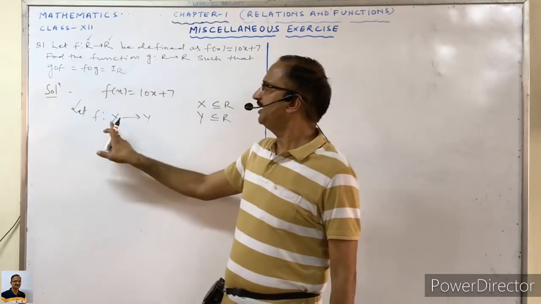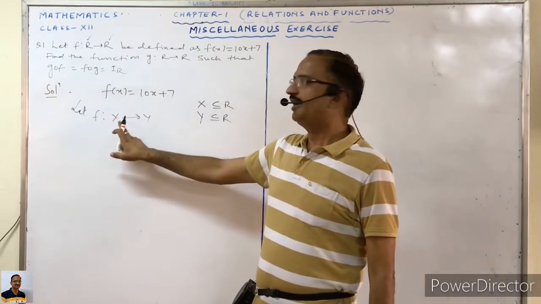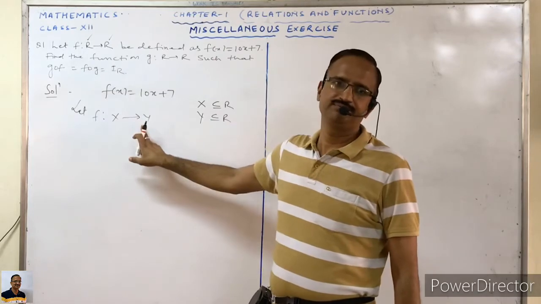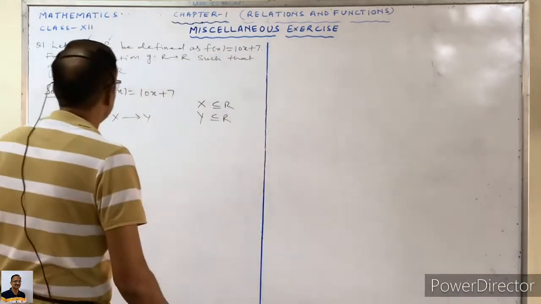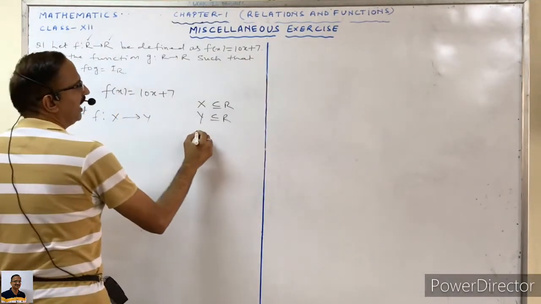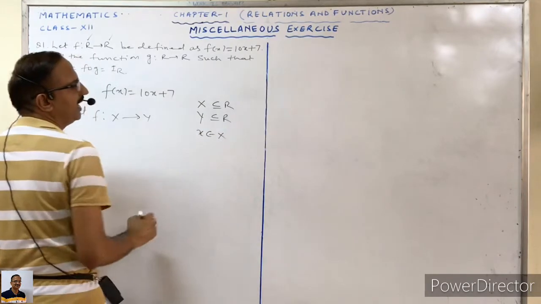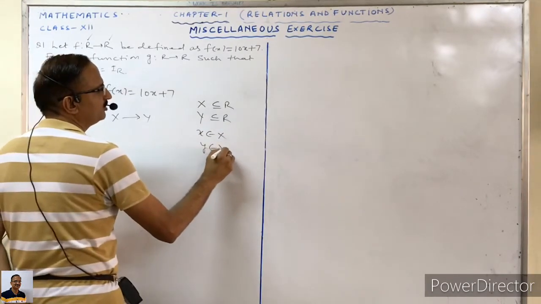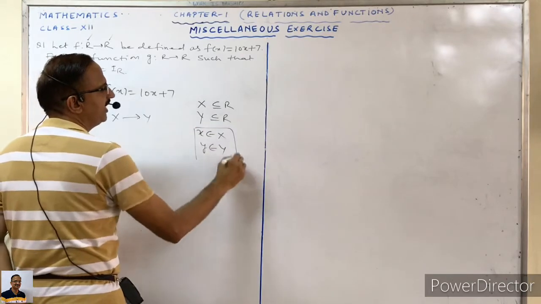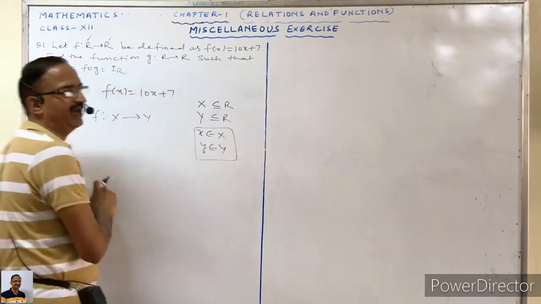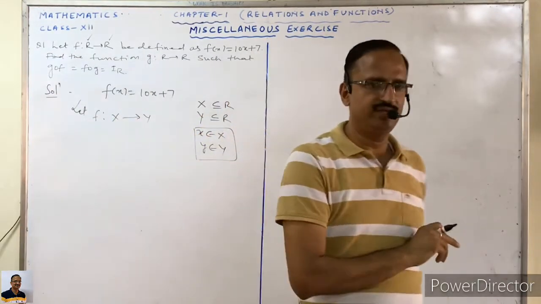So we define the function f from x to y. Now let x belongs to x and y belongs to y. These are the elements which belong to the set x and y respectively.